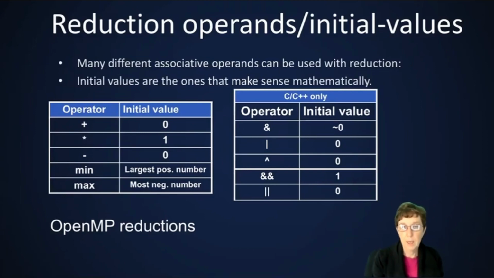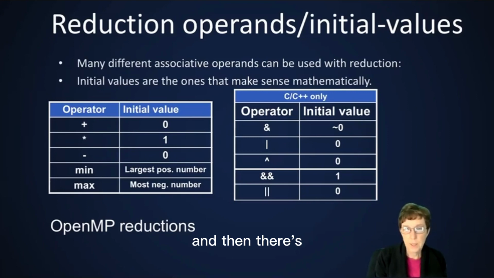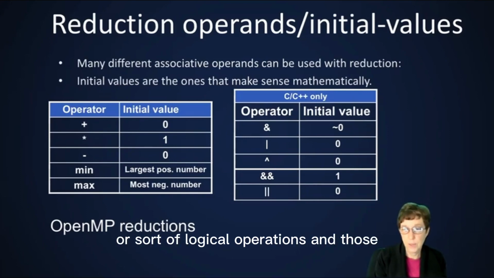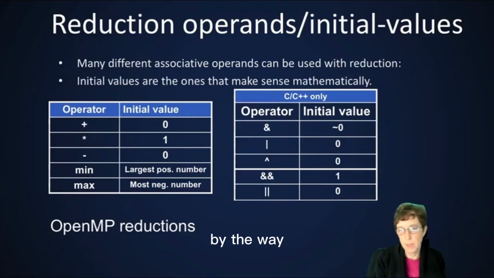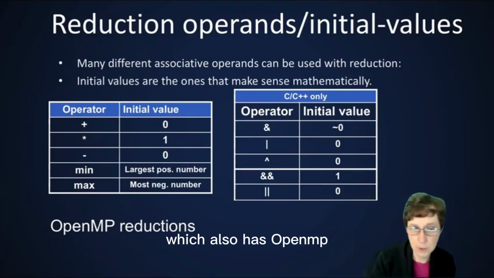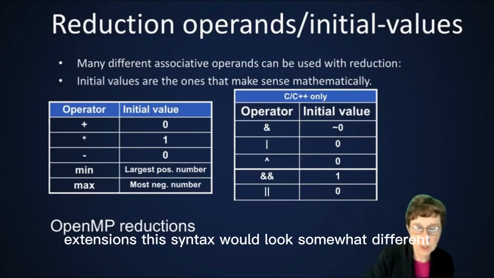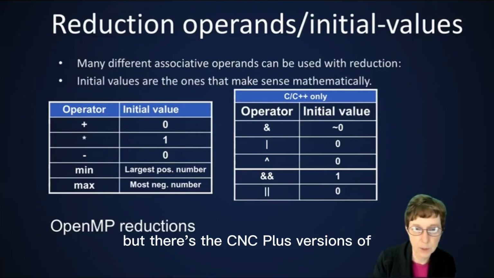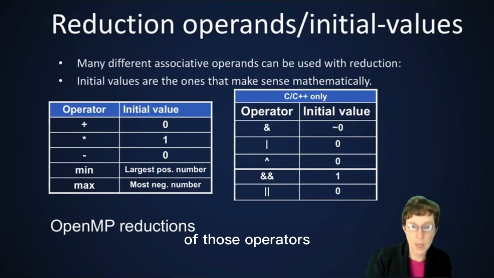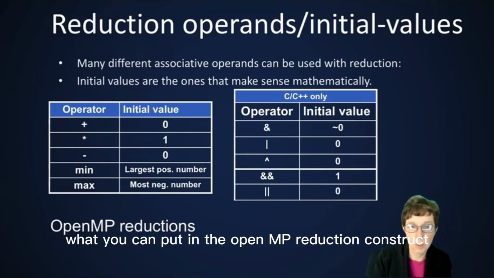Also min and max, for example. And you can also do it on ands and ors, so logical operations. By the way, if you're programming in another language like Fortran, which also has OpenMP extensions, the syntax would look somewhat different, but these are the C and C++ versions of the operators you can put in the OpenMP reduction construct.